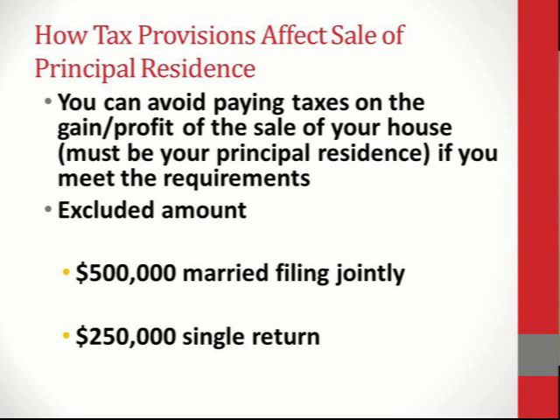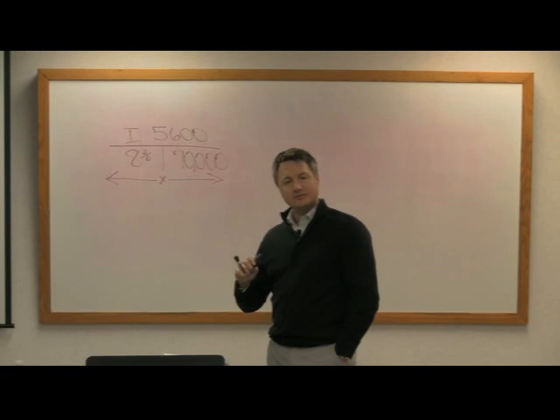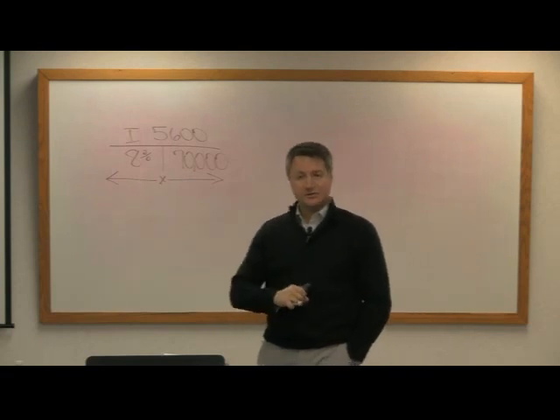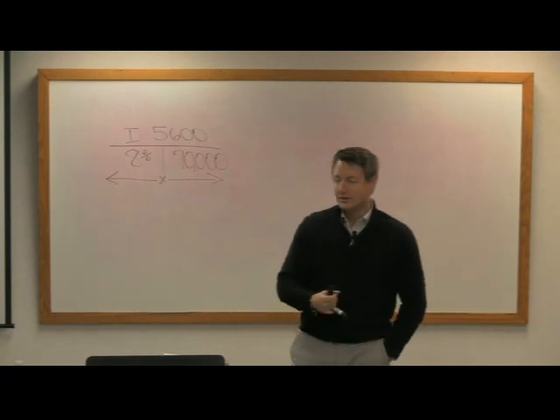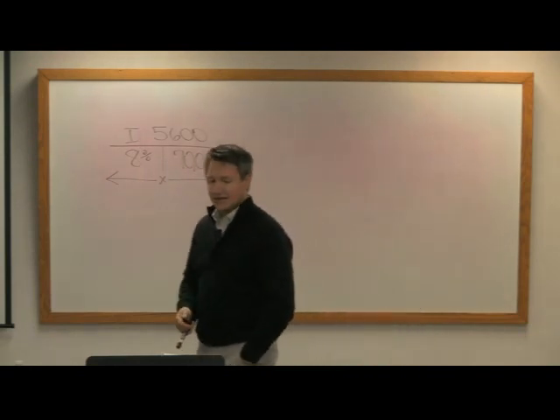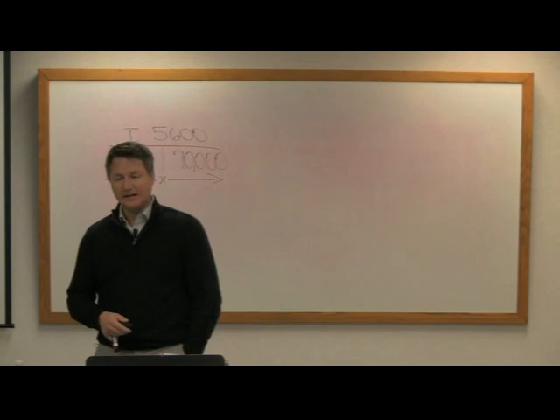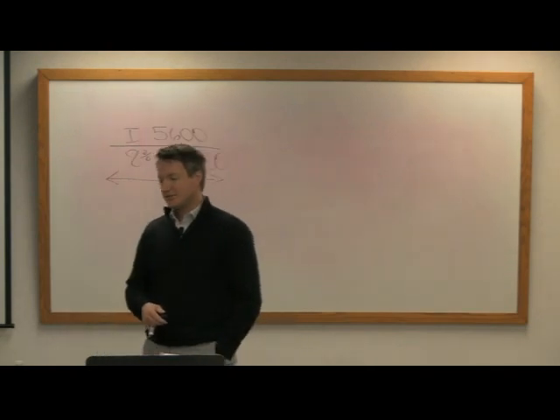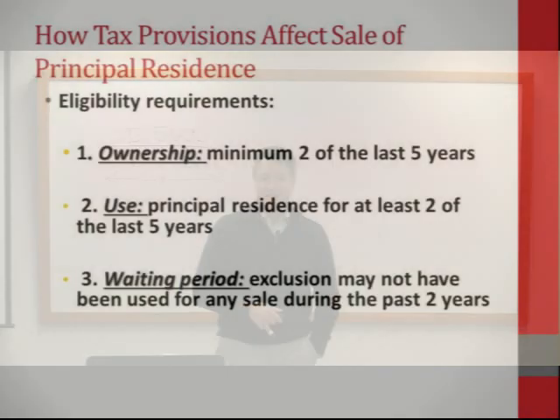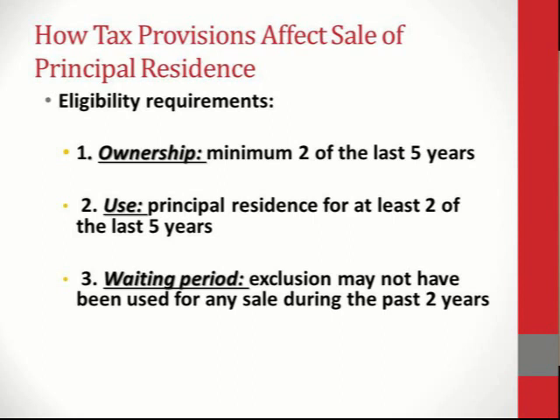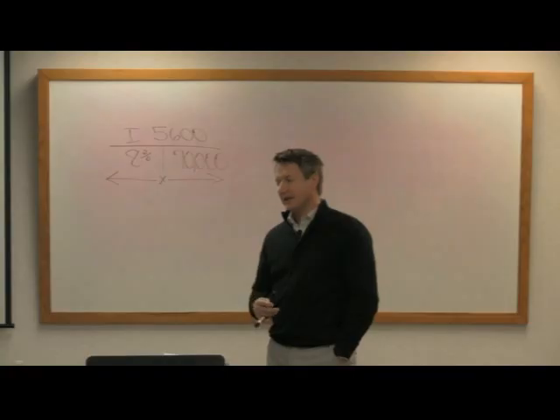And so, number one, your total gain cannot exceed $500,000 if you file jointly, or $250,000 on a single return if you file single. And some of the requirements are listed on the next slide. So the ownership is number one. You have to have owned and occupied that house a minimum of 2 out of the last 5 years.